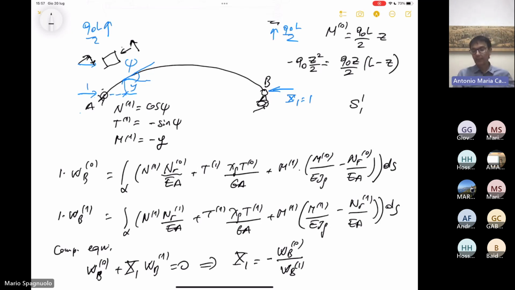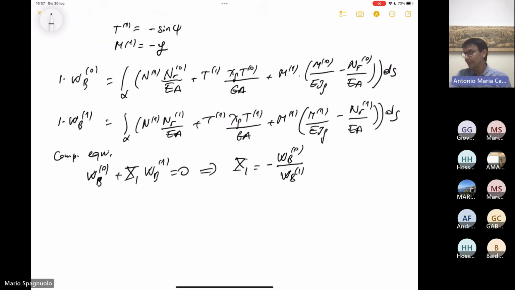Now, for getting some reasonable result, we introduce the assumption of weak curvature beam or arch. Let's assume this for obtaining some simple results.